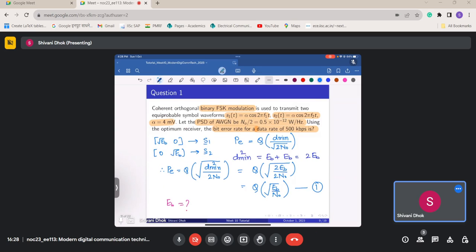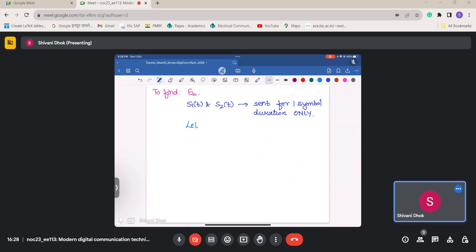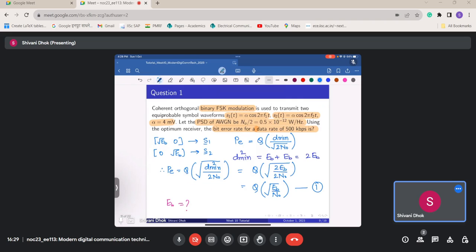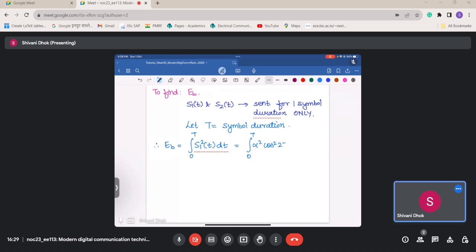Okay, so now let's say T equal to symbol duration, therefore EB is equal to integral 0 to T S1 square(t) dt, which is equal to integral 0 to T alpha square cos square 2 pi f1 t dt.